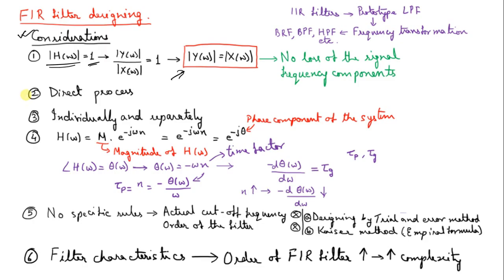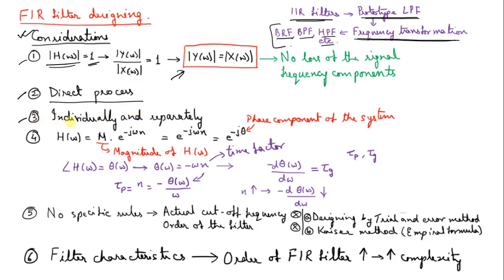Now the second consideration is that IIR filters are an indirect process of filter designing. In IIR filters, what happens is that we usually design a prototype low pass filter, and then we generally apply the frequency transformation method to design the other filters like band reject filter, band pass filter, high pass filter, etc. Next is the third one, which is related to the direct process.